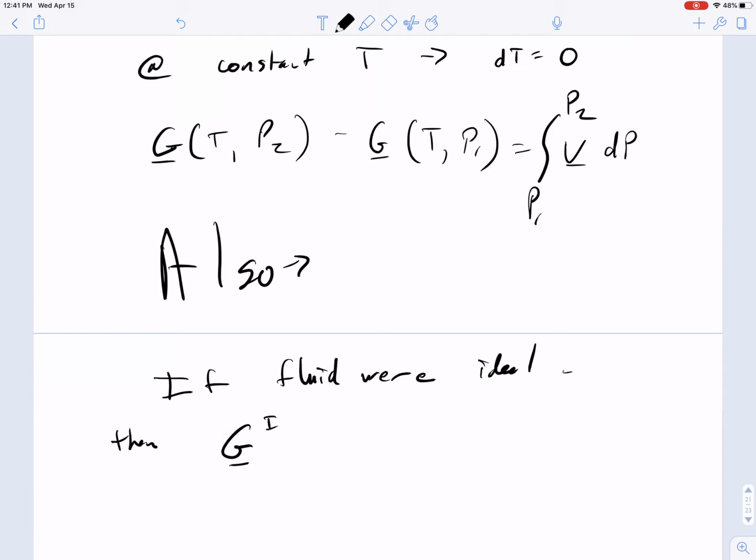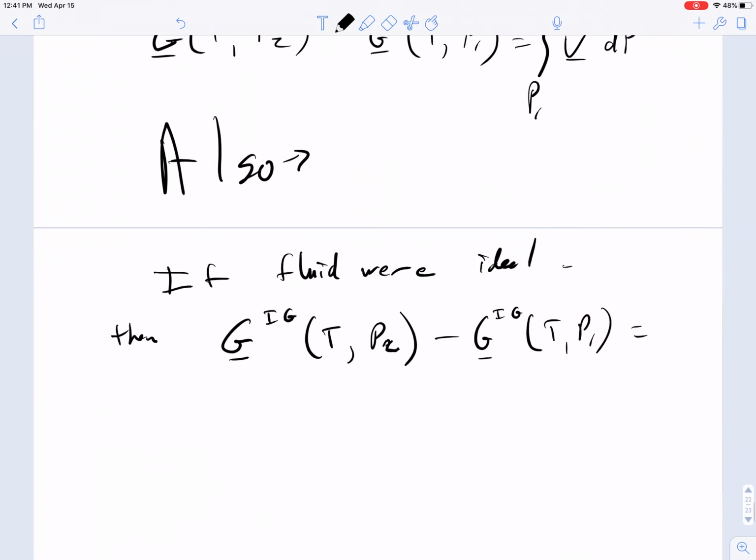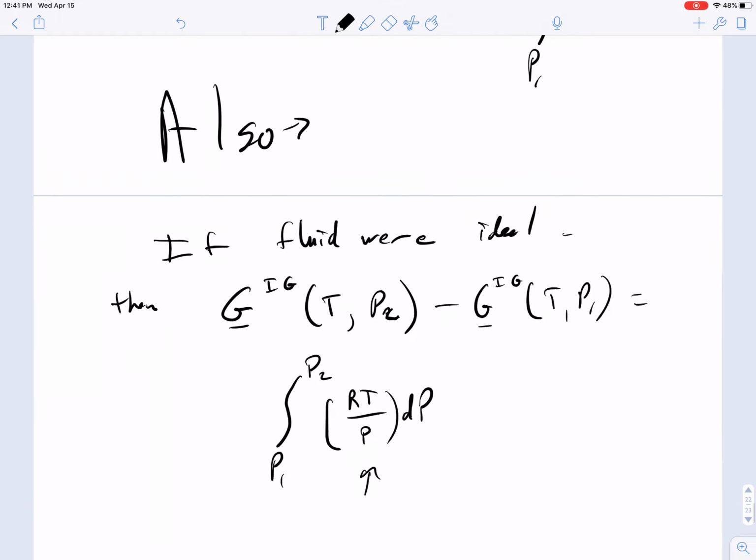The Gibbs free energy of the ideal gas at temperature and pressure 2 minus the Gibbs free energy for an ideal gas, of course, our simplest equation of state, at pressure 1 would be equal to the integral from P1 to P2 of RT over P dP, simply substituting in the ideal gas equation of state for the volume.